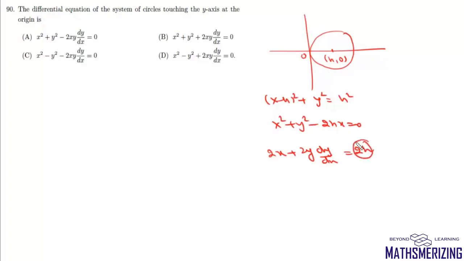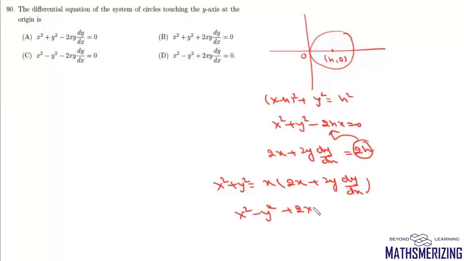So what we'll do is we'll eliminate 2h. So we'll put the value of 2h here. So we'll get x square plus y square, and it'll be x into 2h, and 2h is 2x plus 2y dy by dx. So we'll get this as x square minus y square plus 2xy into dy by dx equals 0, and that's your option number D.